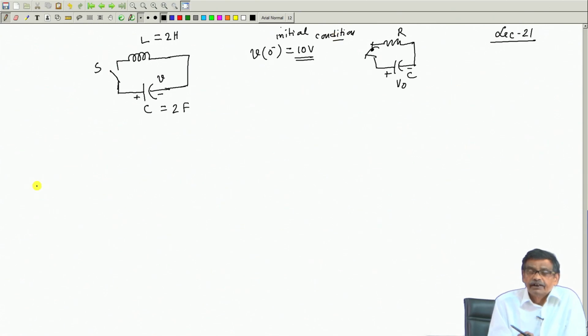Similarly, because the inductor is an energy storing element, I must also specify I(0-). Suppose it is 0.